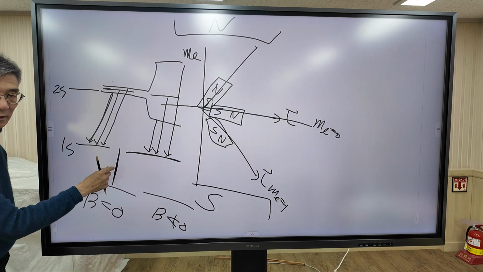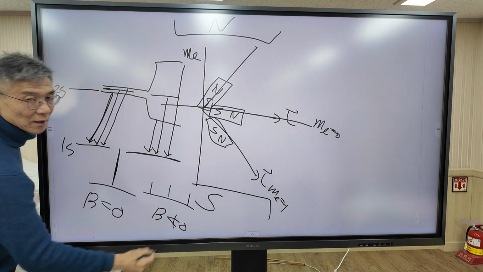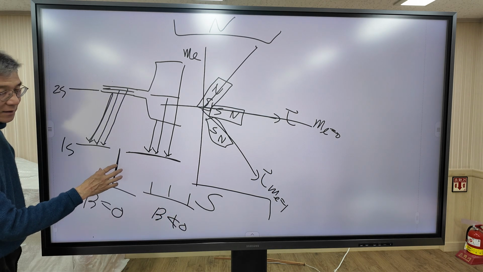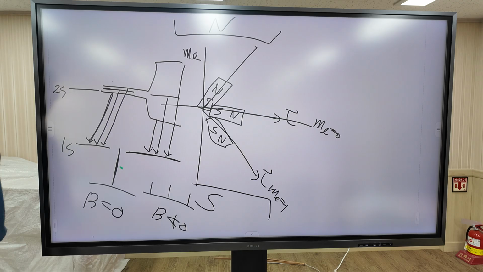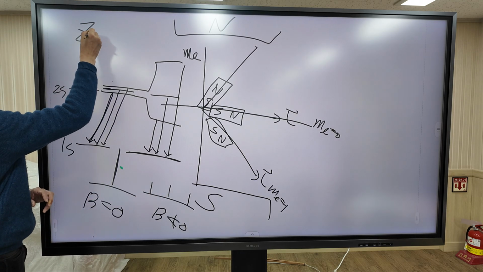So this peak splits into 3 peaks: 1, 2, 3. This is where the magnetic field is not applied. But when the magnetic field is applied, this peak splits into 3 peaks. This phenomenon is called the Zeeman effect.